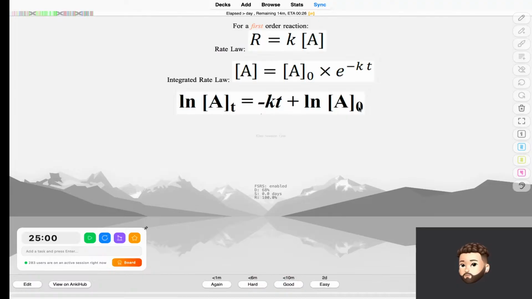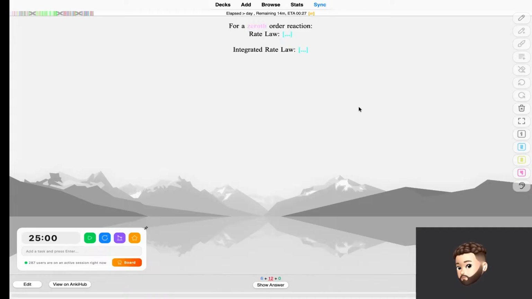Oh, it was first order. This one is going to be rate is equal to k, and then A is equal to A naught minus kt.